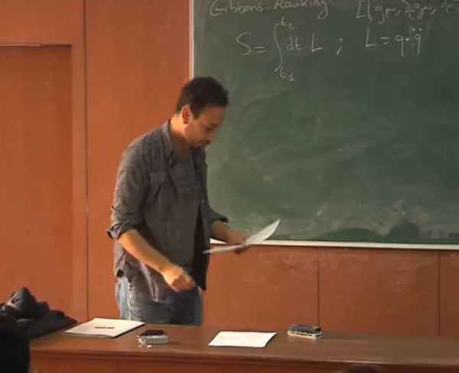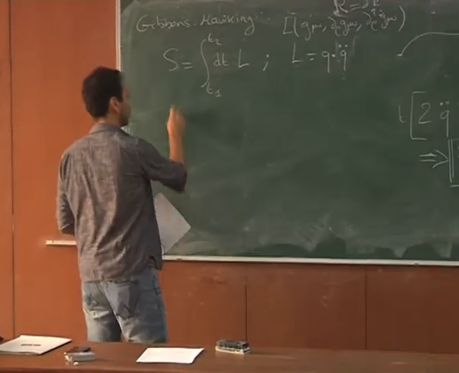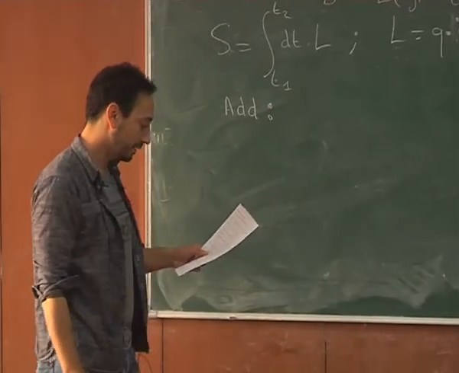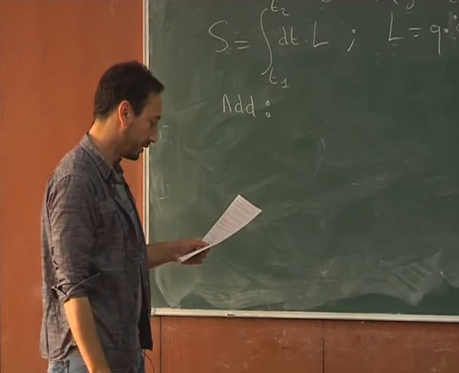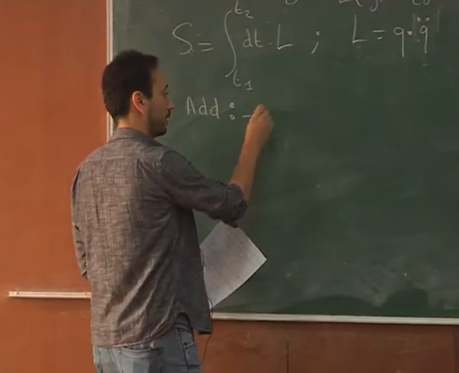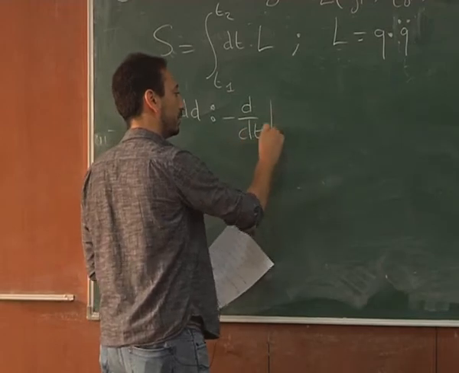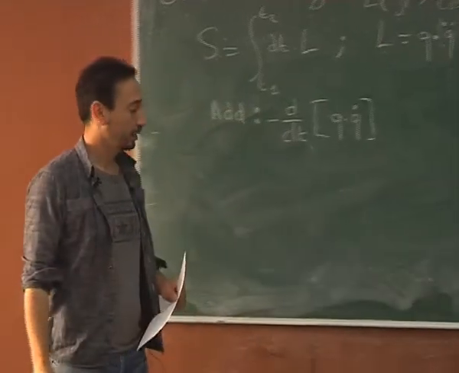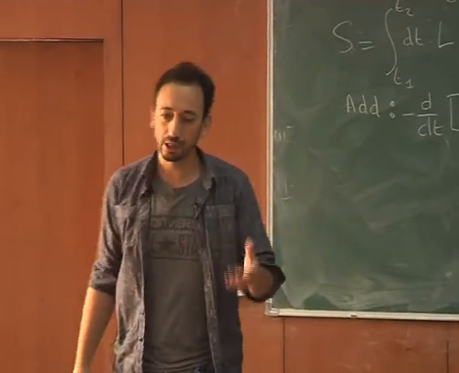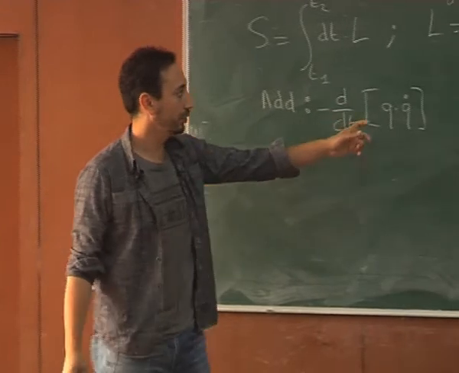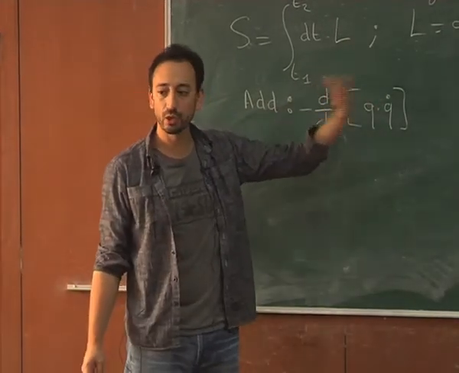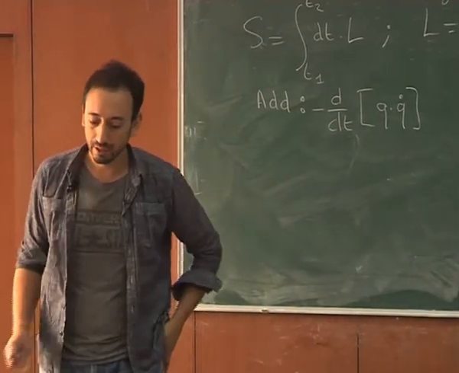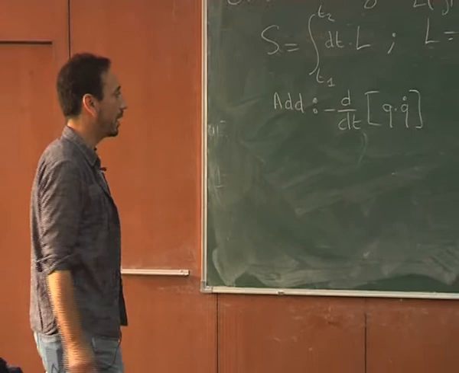We add a term which has the following form, which is minus d/dt of q dot. I can always add to a Lagrangian a term which is a total derivative, and it will never change my equations of motion. So I can add something like that. I will still have the same theory. But now I will have a well-posed problem.